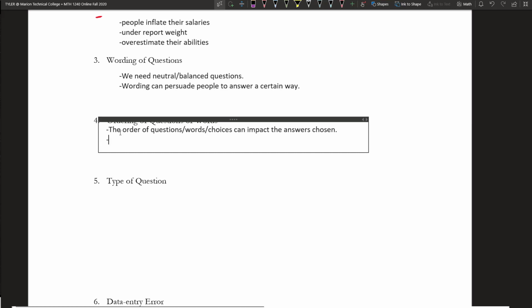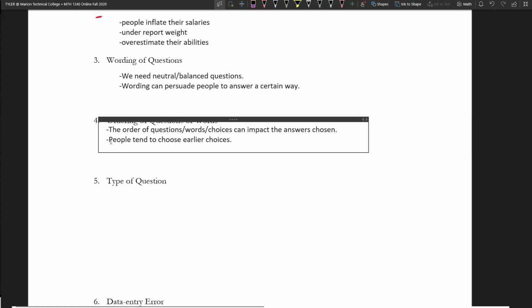For example, people tend to choose earlier choices. If you give a multiple choice question with options A through E, it's good to mix up those options, because some people might tend to choose A and B over D and E because they appear earlier, for multiple reasons. Maybe they're not reading the whole thing. They're just skimming, like, oh, that answer sounds right, and they don't even read the others.